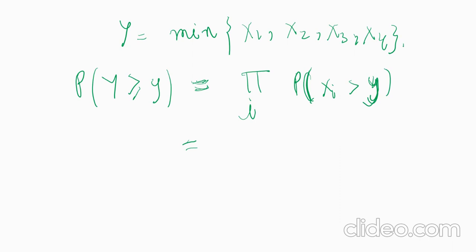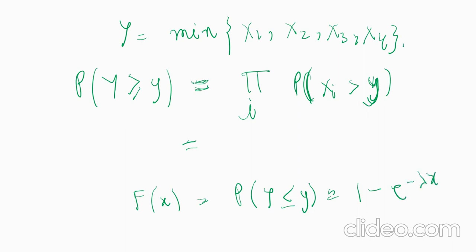Now for the exponential distribution, it is e to the power minus lambda x, because what is F_X, that is P(X ≤ y) is 1 minus e to the power minus lambda x, right?